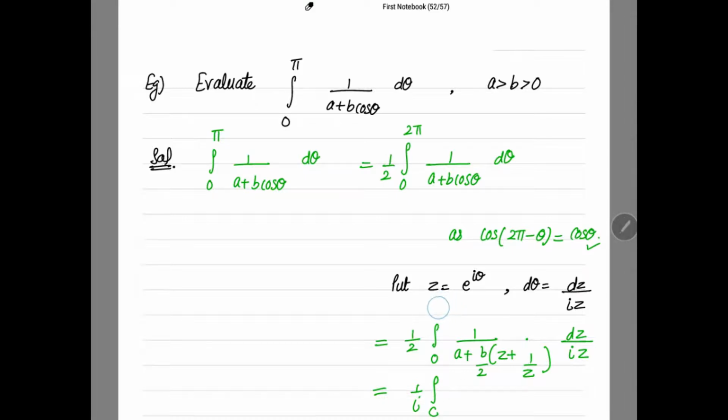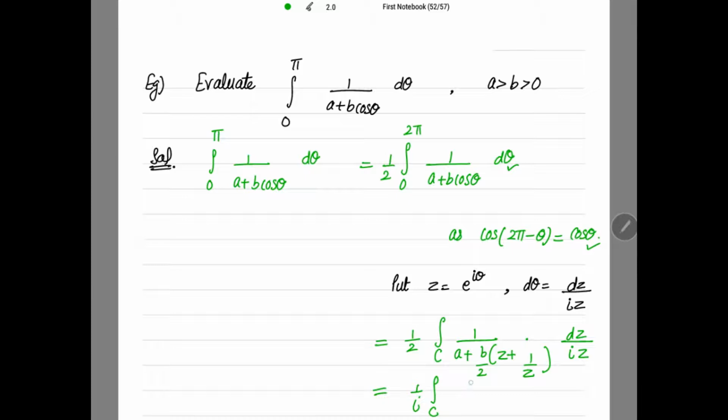after putting the value according to polar form, you have to write this as integral over c, right? Because 0 to 2 pi are the limits for theta. Because now you have changed this format, the whole function is in z. So here you have to mention the circle, the contour.